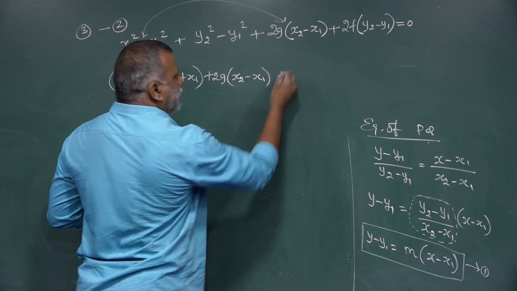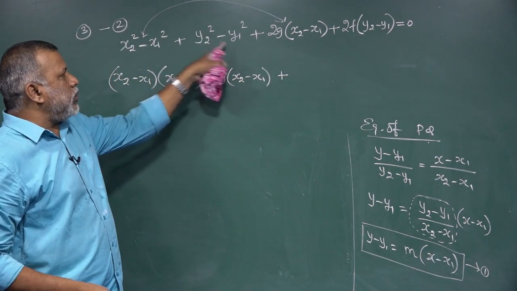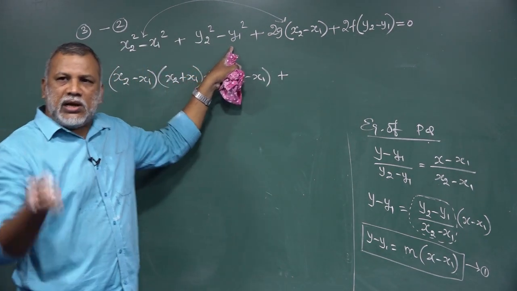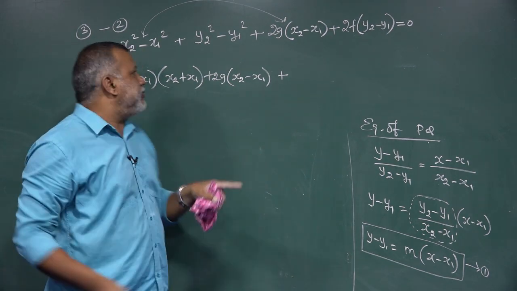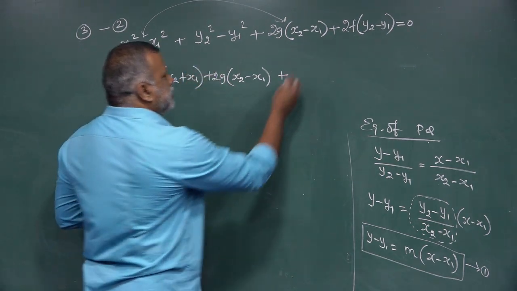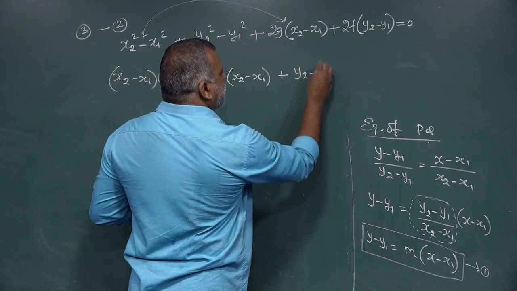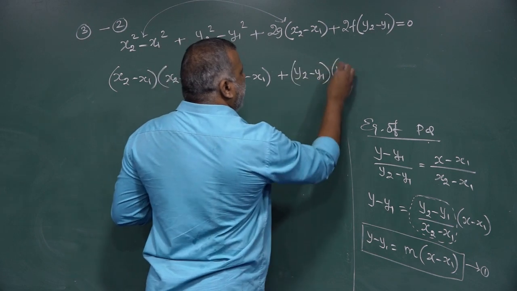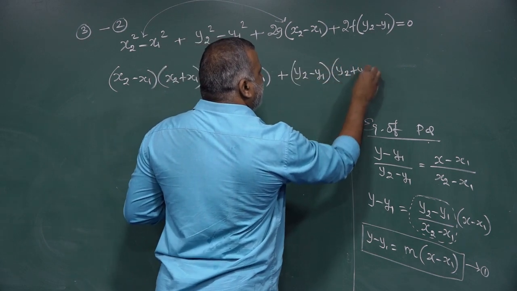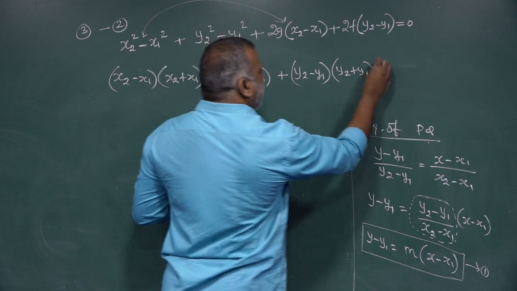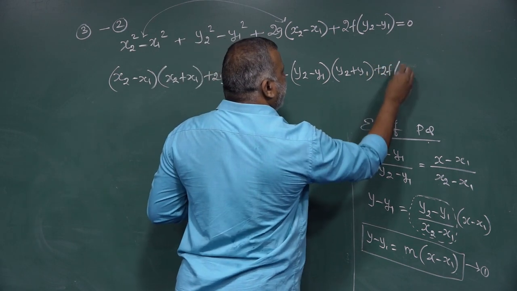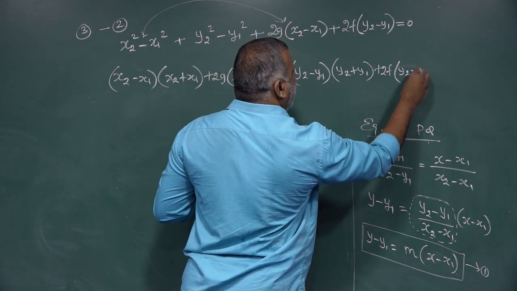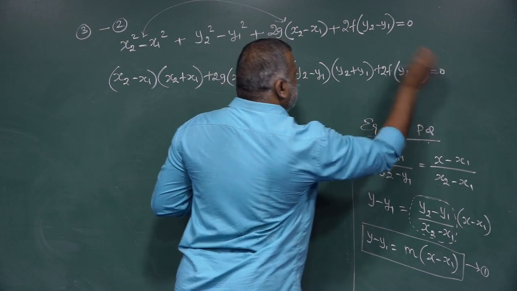Again see the y families: y2 squared minus y1 squared. It is also in the form of a squared minus b squared, so I can split like this: y2 minus y1 times y2 plus y1. Take here 2f times y2 minus y1 equal to 0.